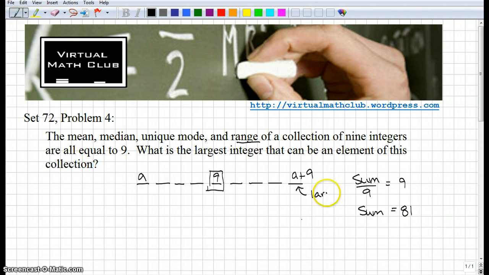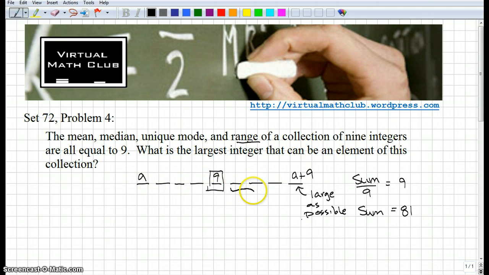So we want this to be as large as possible. What does that mean? That tells us that the rest of the numbers have to be as small as possible, while still meeting all the other criteria of the mean, median, and mode being 9 and so on.